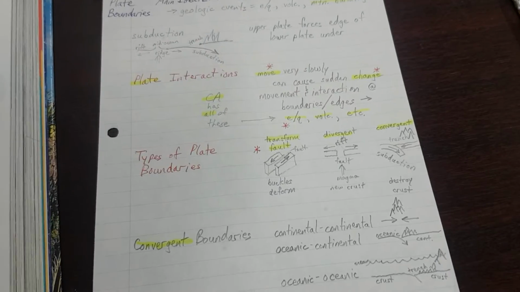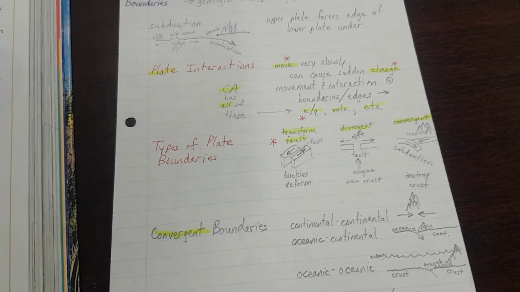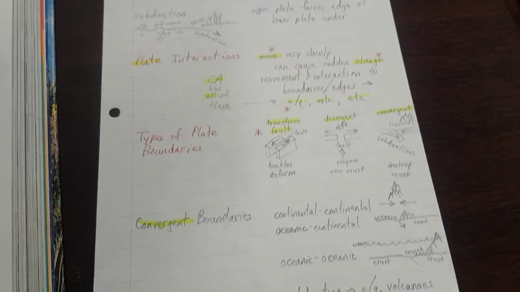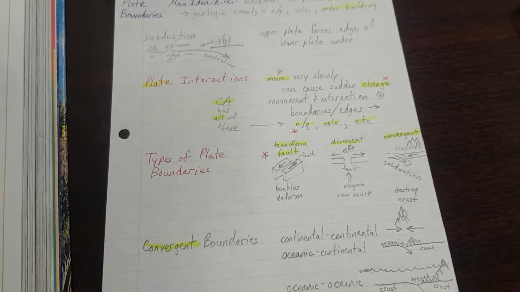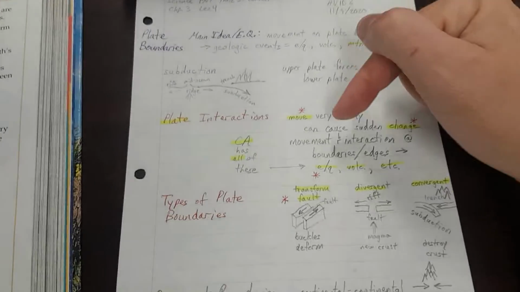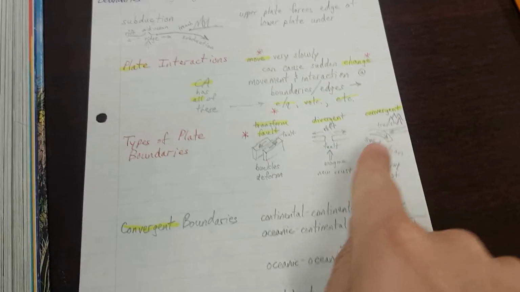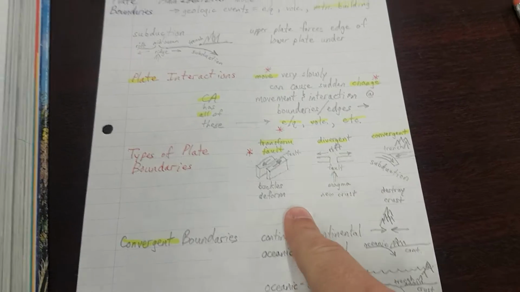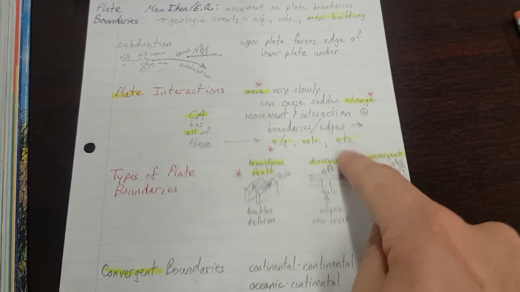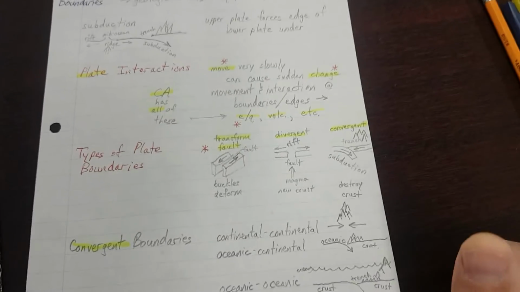So I predict that the next chapter or the next set of lessons is going to tell us more about earthquakes, volcanoes, and mountain building. They're going to take all this stuff we know about the plates and teach us details about the geologic events that happen when those plates move.